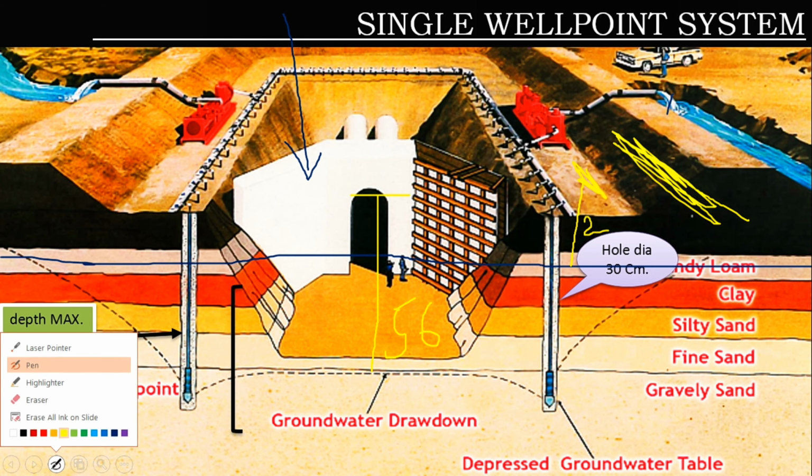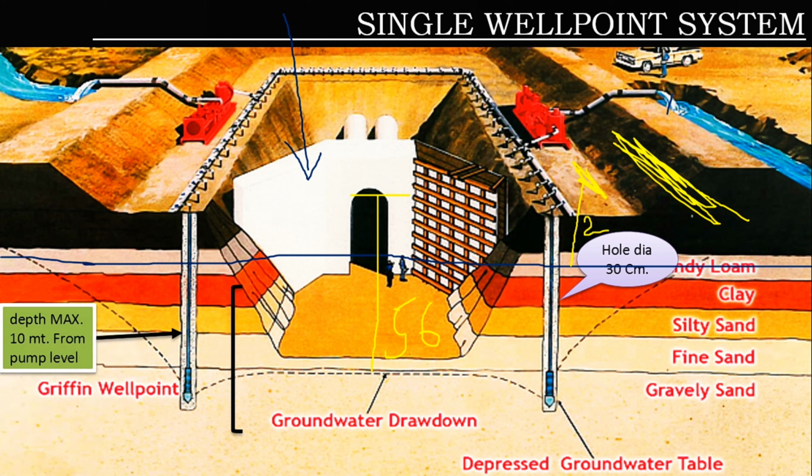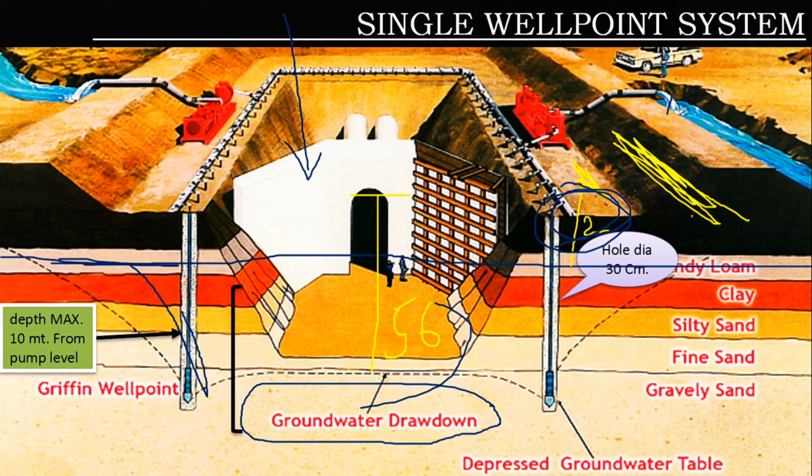So what I need to do is lower down my water table from this level to this level. So you can see easily the groundwater drawdown. That means the final groundwater table, which I first met at 2 meters, is now lowered up to 6 meters.